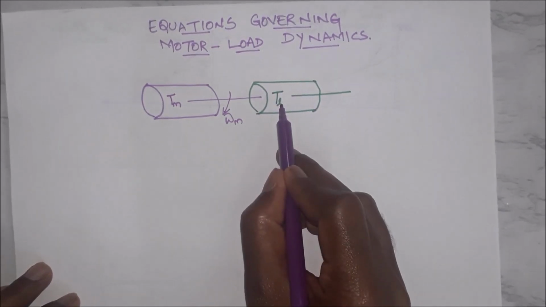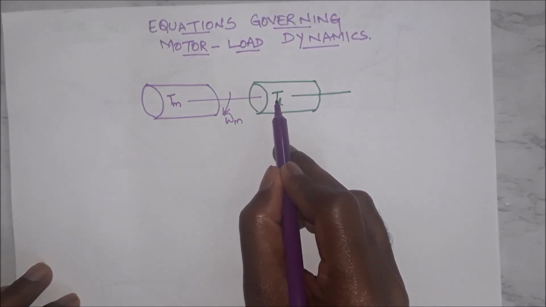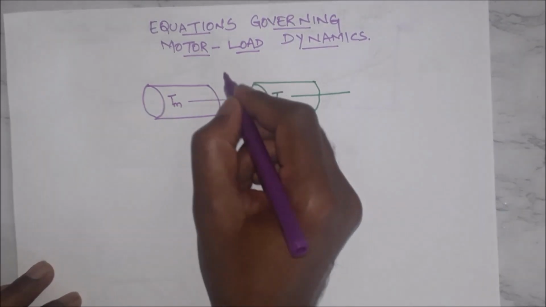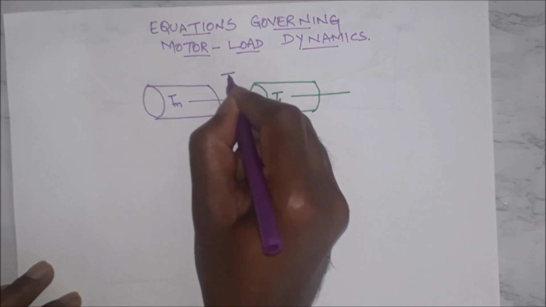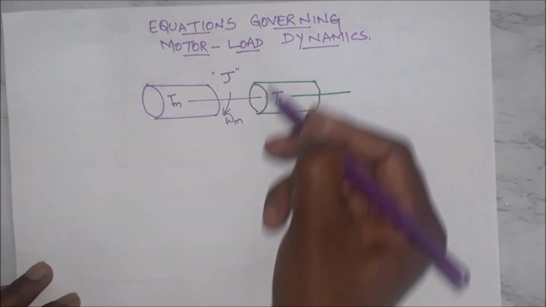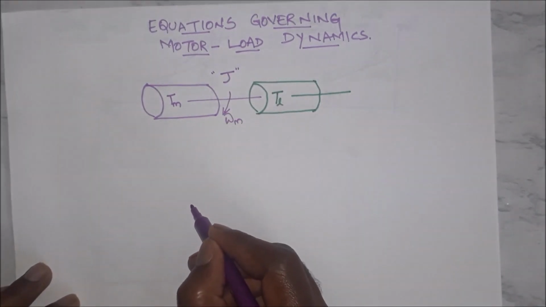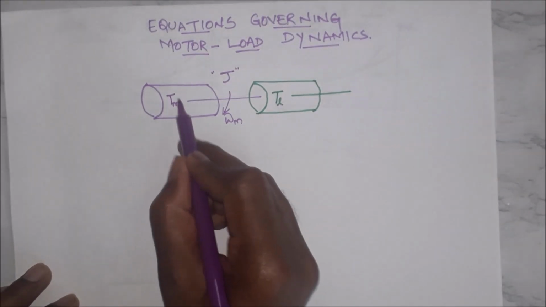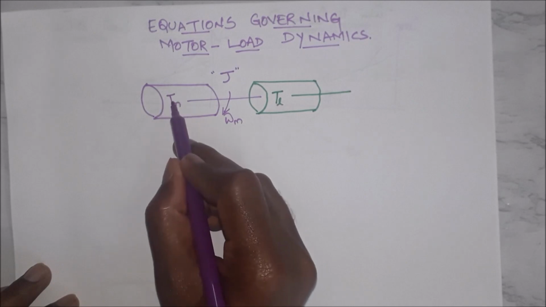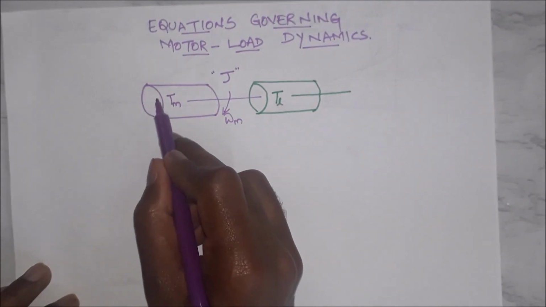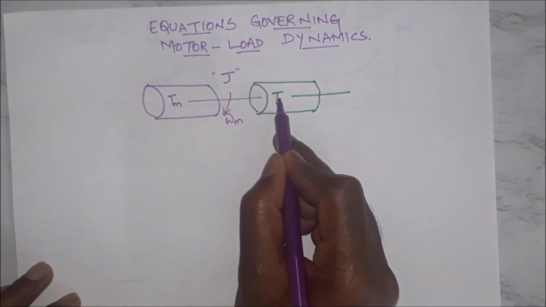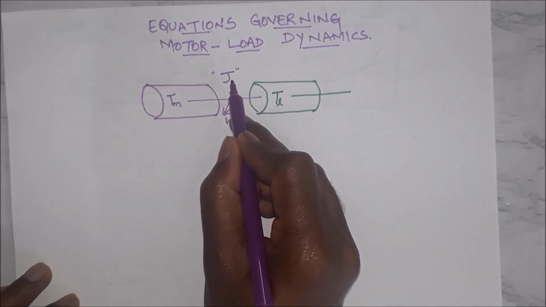The motor should develop a torque such that it is able to drive this load with load torque TL. In addition, any mechanical system has a parameter called the moment of inertia J. So the motor has to develop a torque that can drive both the load torque TL and the moment of inertia.